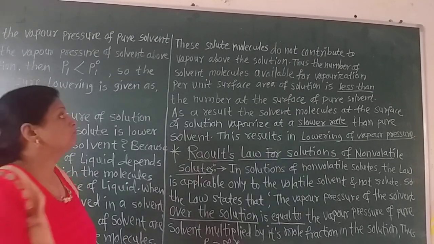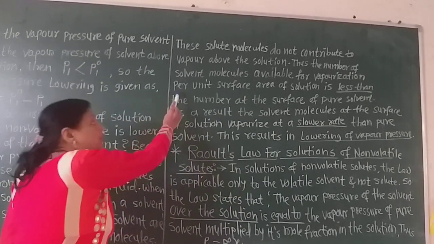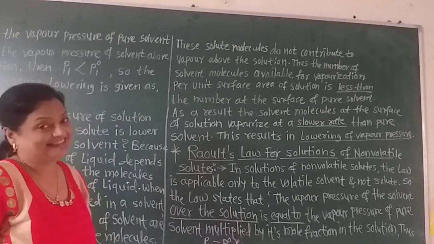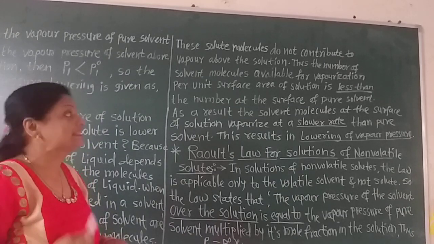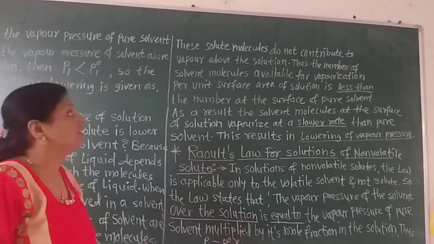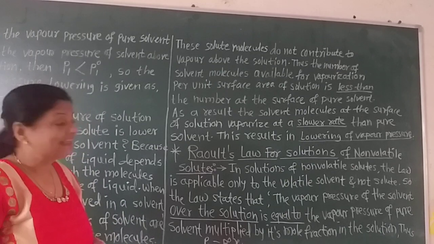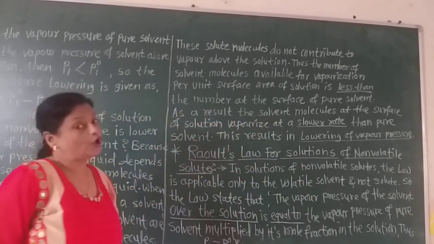Thus, the number of solvent molecules available for vaporization per unit surface area of the solution is less than the number at the surface of the pure solvent.